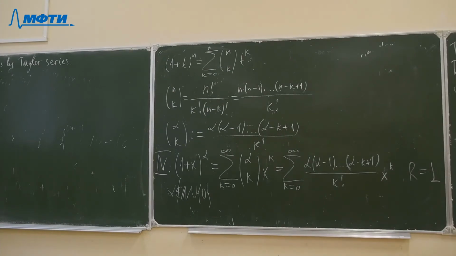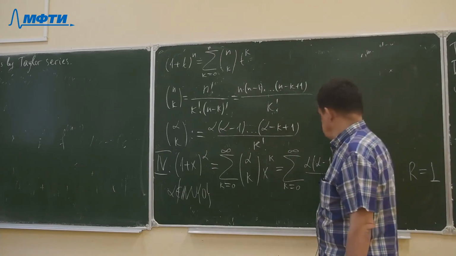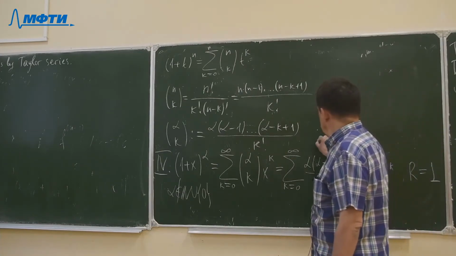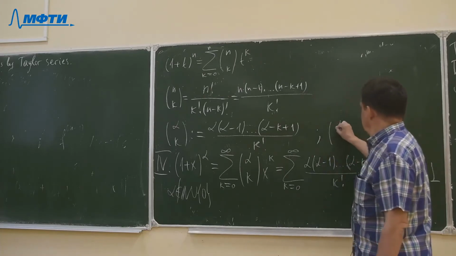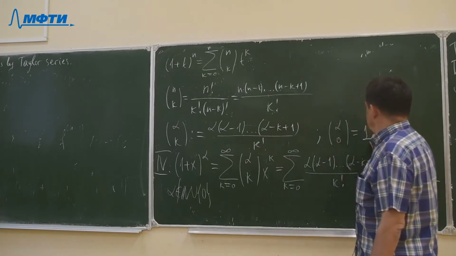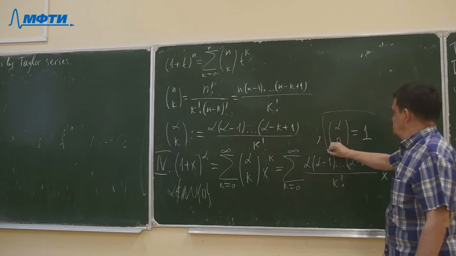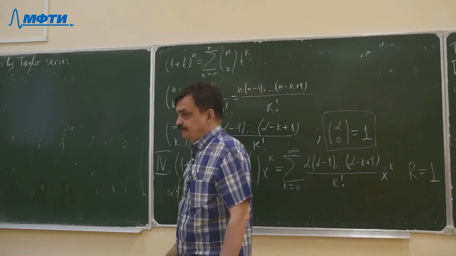And for k equals 0, maybe I should write it separately. This is an agreement, right?